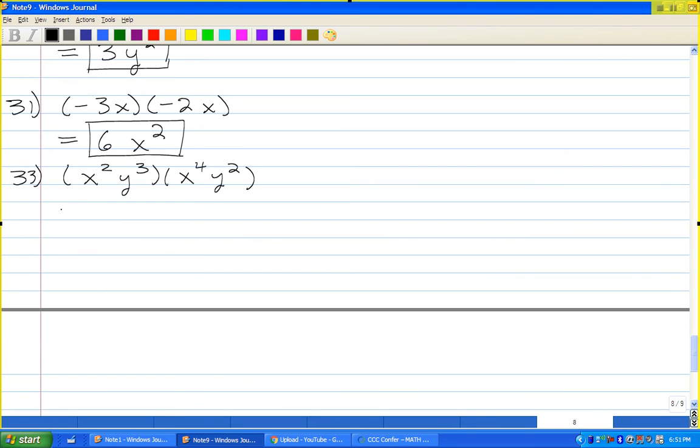And so this is equal to, I have the same base, x. I'm multiplying, so let me add exponents. 2 plus 4 is 6. I have the same base, y. I'm multiplying, so let me add exponents. 3 plus 5... 3 plus 2 is 5. Let me do problem number 35.